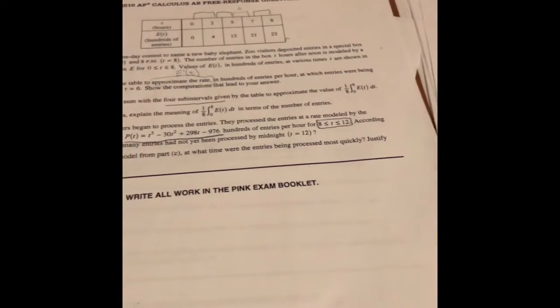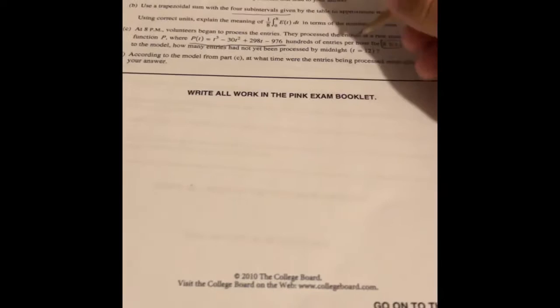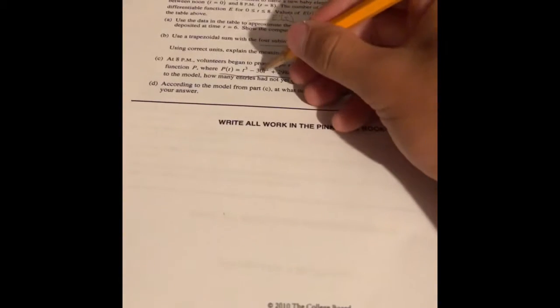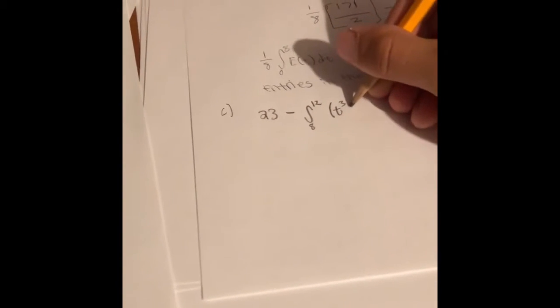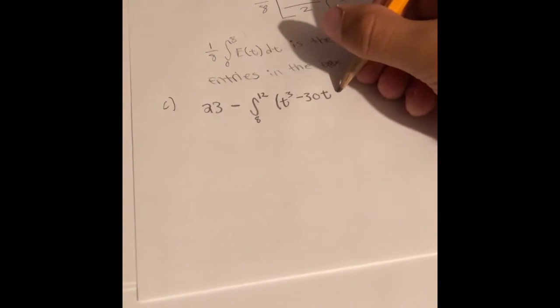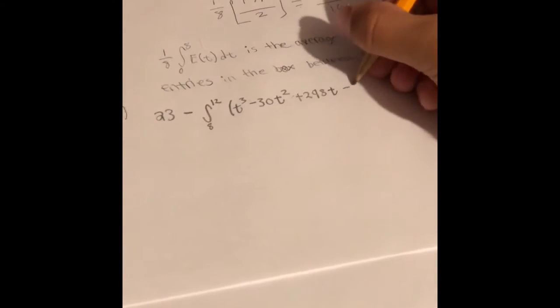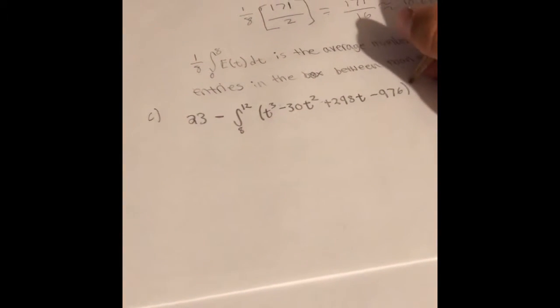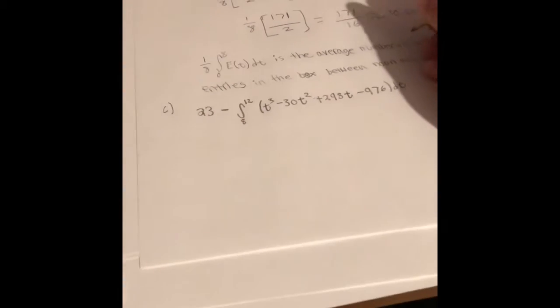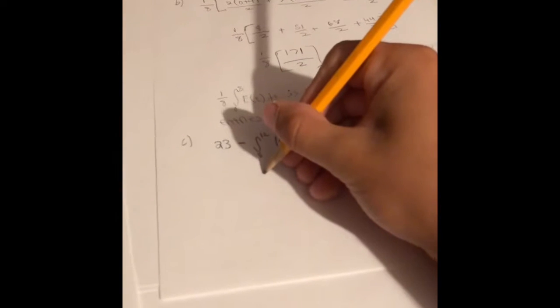And so, since this is a given time right here, 23 over here, we'll know to do 23 minus, and then as for time intervals right here from 8 to 12, we know our integral bounds are 8 and 12, and our function is t cubed minus 30t squared plus 298t minus 976 dt.